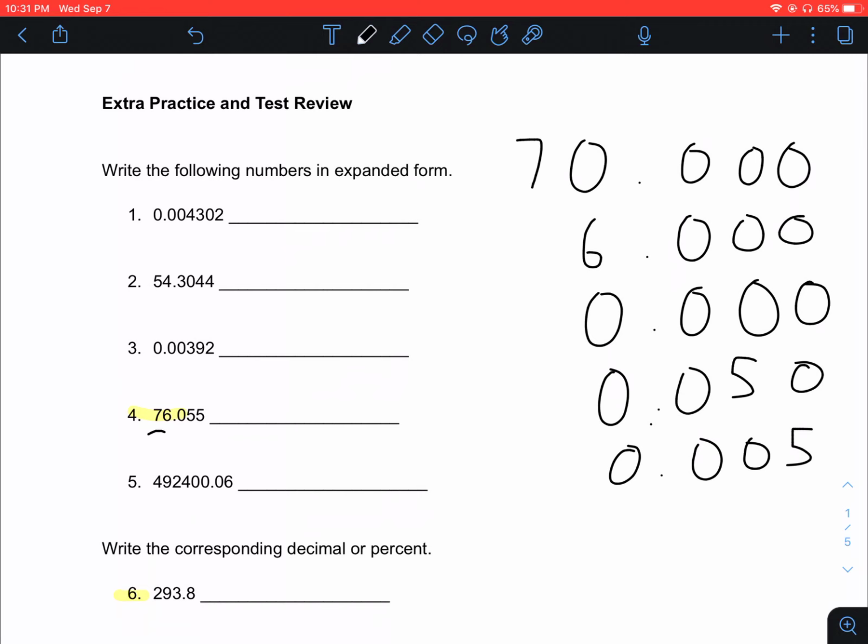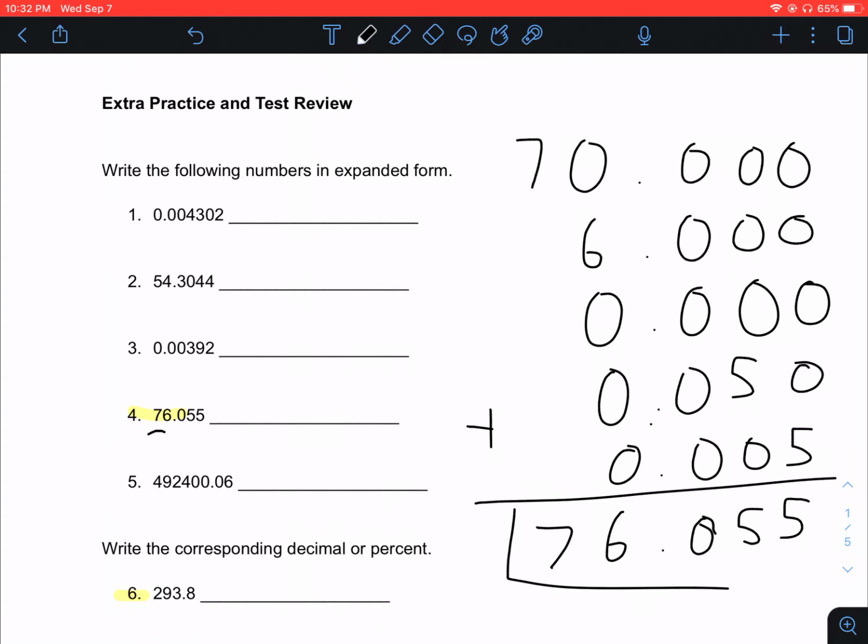So as you guys can see here, if you add them all together and you look at the rows, it'll add up to this. And this is the same answer as this.